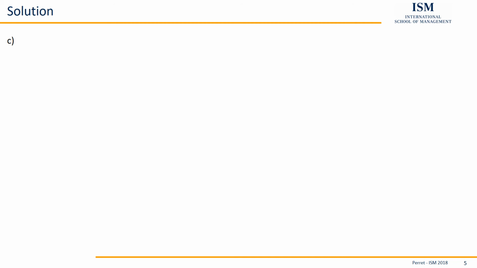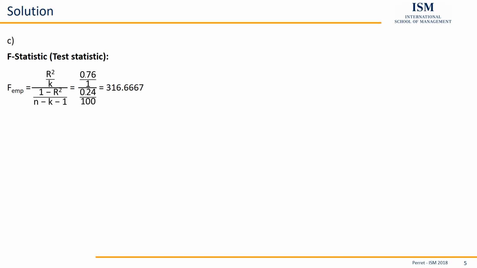Let's continue with part C. Here basically the situation is the same as with A. The only difference being, and that can be seen here from these values, is that the number of observations, the n, changes. Before it has been 5, now it becomes 102.